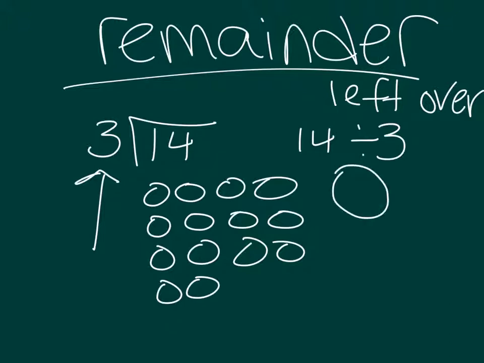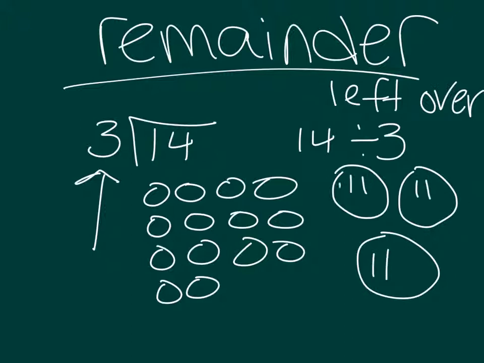One way we can say here's our 3 groups, and I need to put 14 into here. So I can do 1, 2, 3, 4, 5, 6, 7, 8, 9, 10, 11, 12, 13, 14. There's 4 in this group, 5 in here, and 5 in here. That's not right.